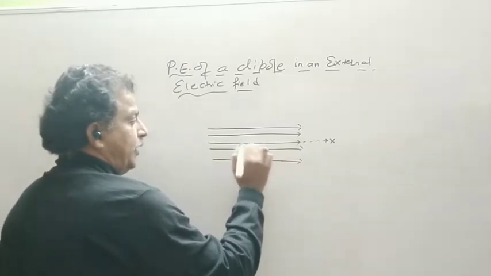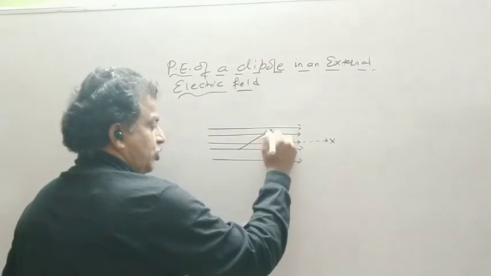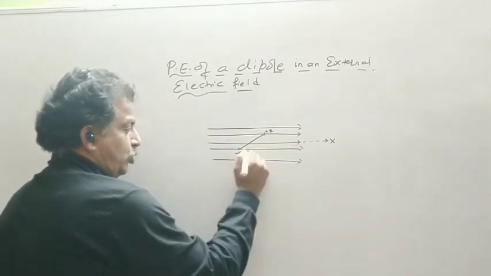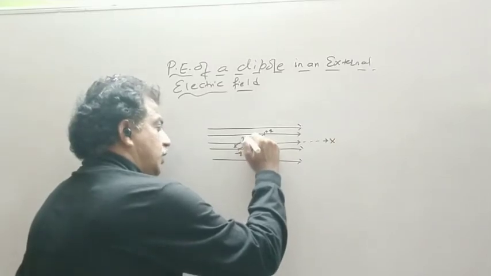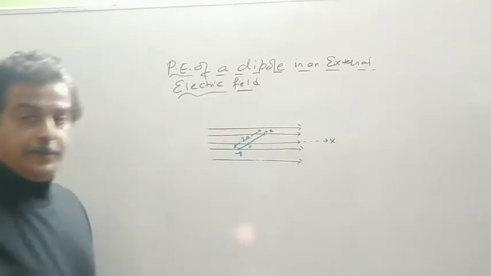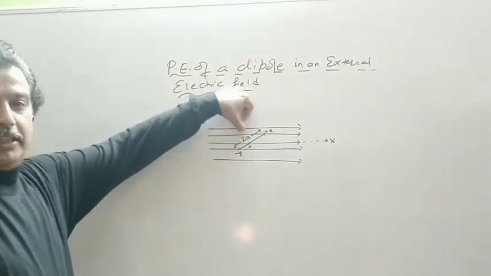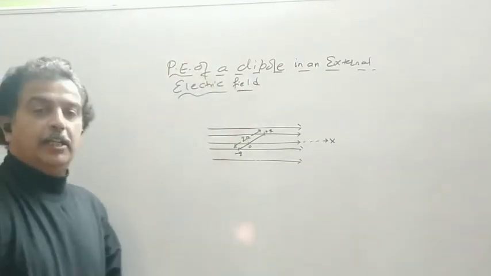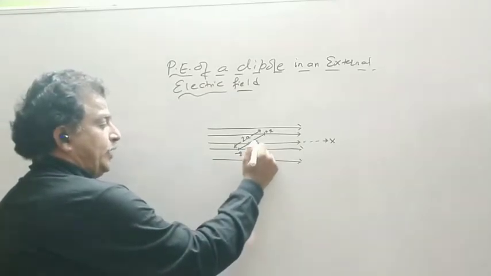Now the dipole is placed, suppose this is our plus q charge, this is minus q charge, this is the origin, and the total distance is 2a. In the first chapter we wrote 2a as a vector because there we were dealing with a vector quantity. Here we have a scalar quantity. Now let this angle be theta.